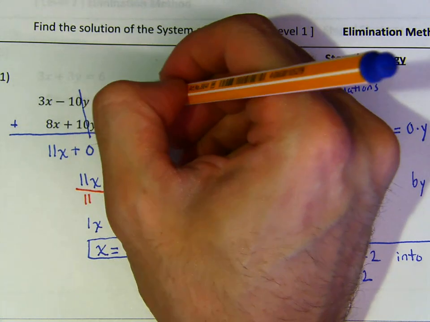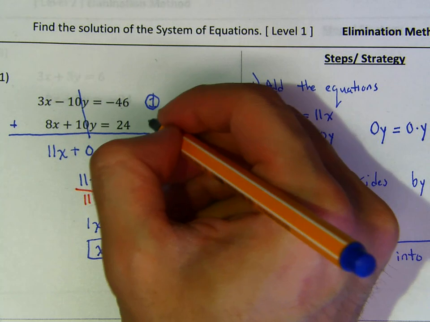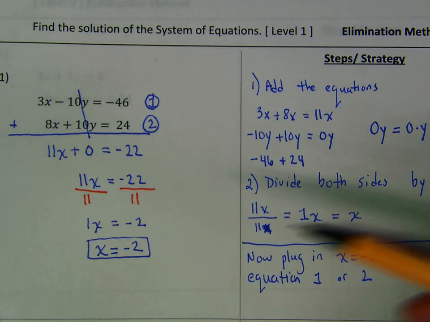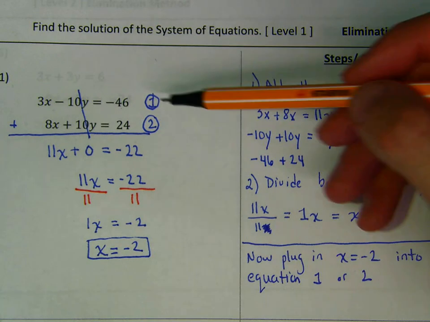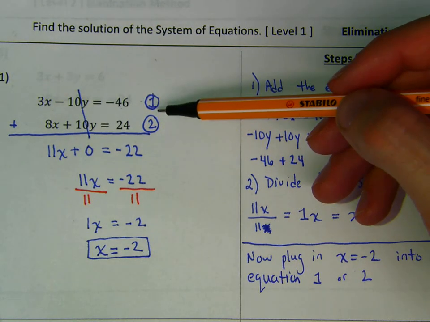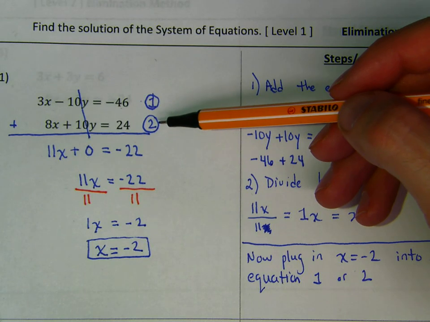This is equation 1, right? This is equation 2. So you get to pick. You could plug in this negative 2 into this equation or that equation. The choice is yours.